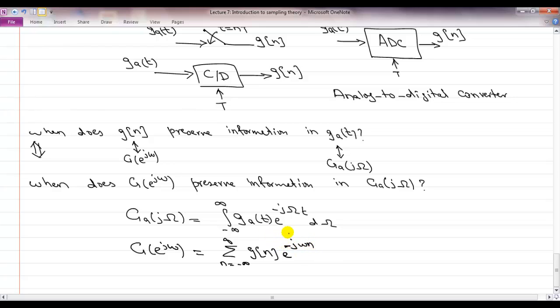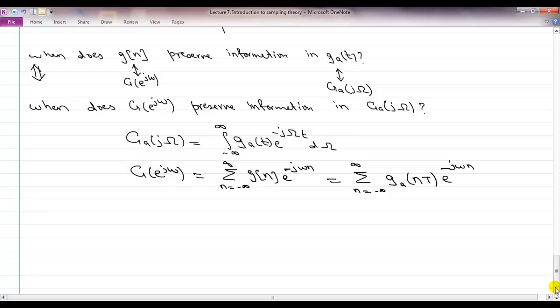Now these are the definitions of the Fourier transform, and if we just stare at them, the most we can do is replace g[n] with its exact value, which is g_a(nT). That's the definition of the discrete sequence.